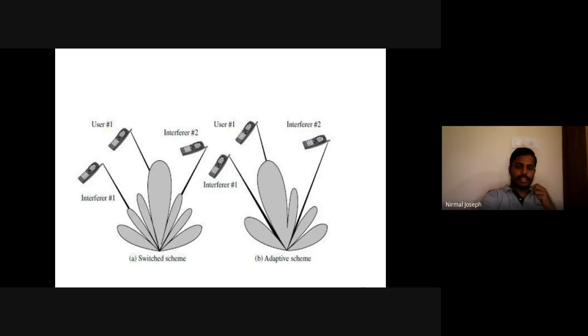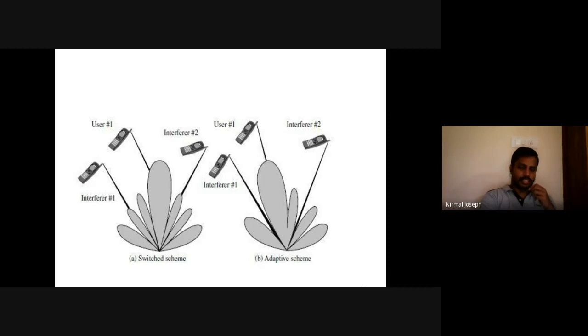In the adaptive scheme, even though the user is located at one end or any random position, the main beam can be completely focused onto that user. And additionally, it can identify the interferers. You can see two interferers here, and the minor lobes which are interacting with the interferers can be suppressed by the adaptive algorithms.